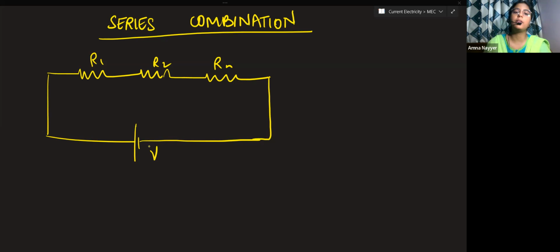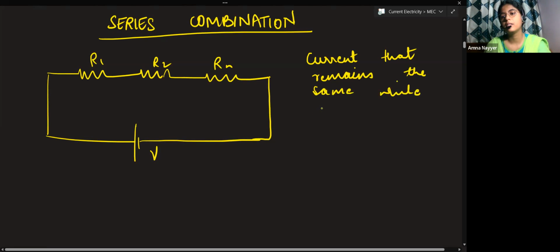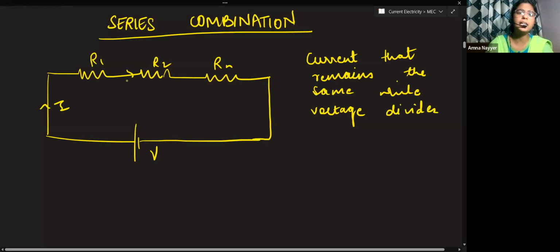So here current will remain the same, while voltage divides. So let's say I current is flowing. The I current will keep on flowing through all the resistors that are connected.